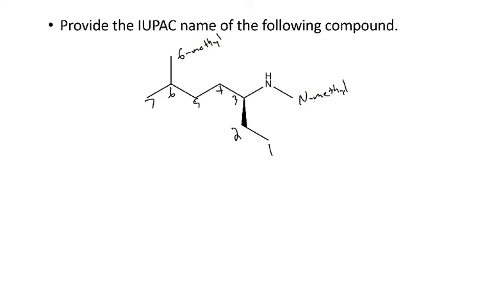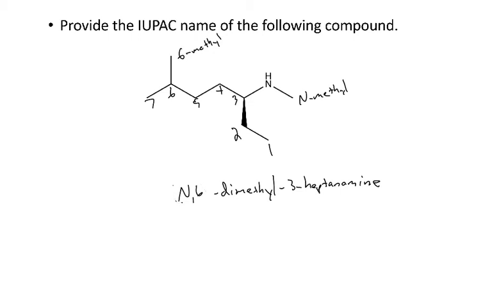And so we give the letters before the numbers, so it's going to be N,6-dimethyl-3-heptanamine. And I guess I didn't need the parentheses around the N and the 6, so let's get rid of those.